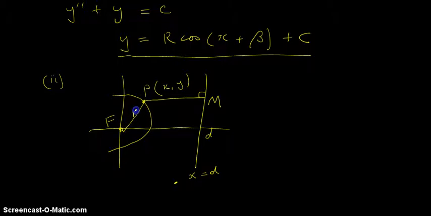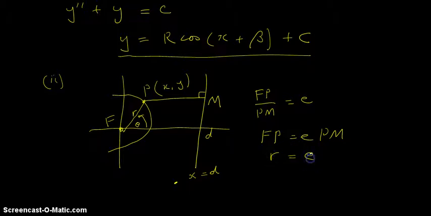This length here from F to P is r, theta is the angle just in there. So we have, by definition of a conic section, that FP over PM equals e. e is the eccentricity of the conic. So what is FP? FP is e times PM.